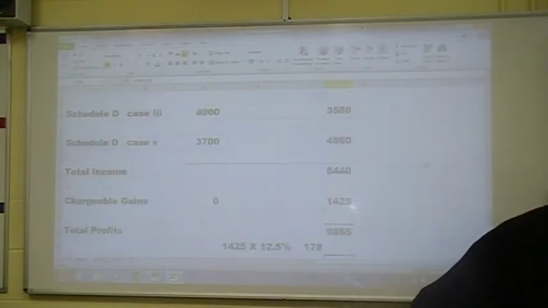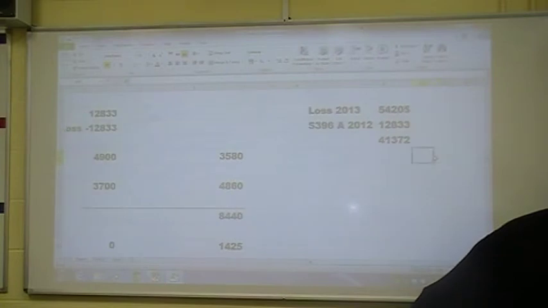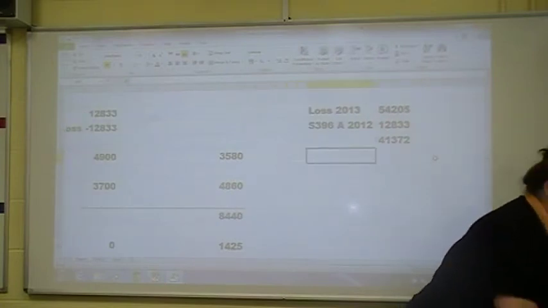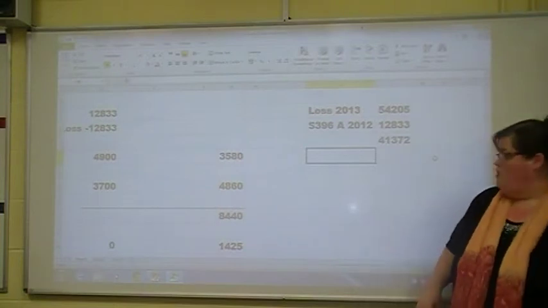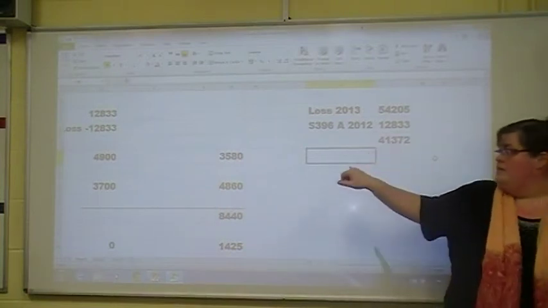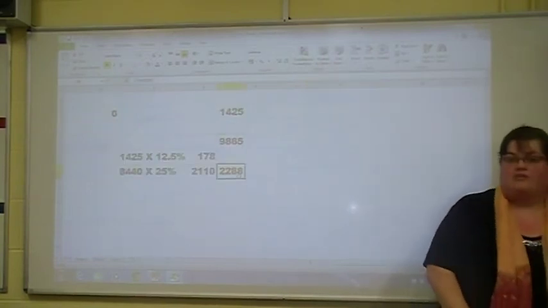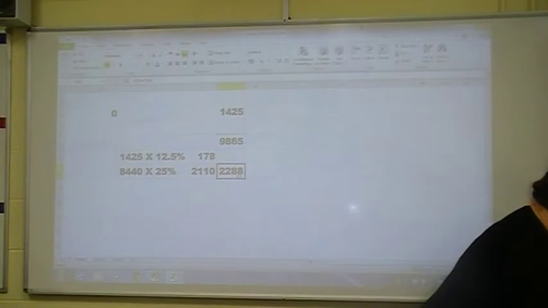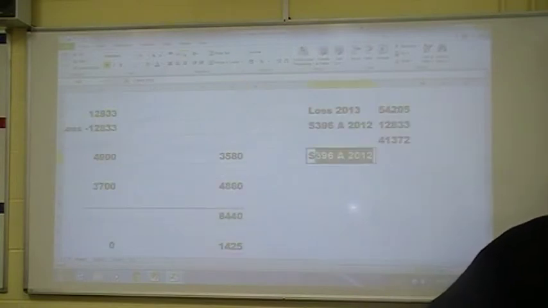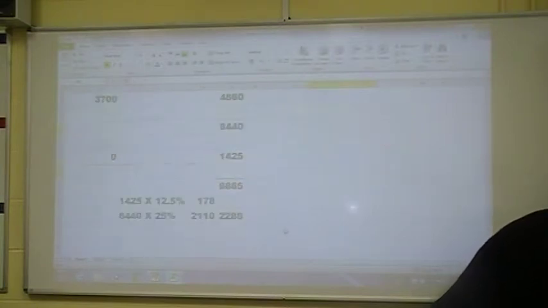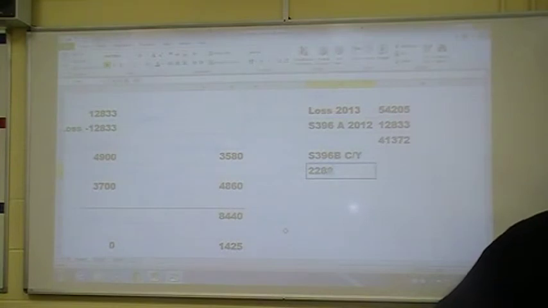Okay, so I go up to my last memo now, and I have 41,372 worth of losses inside there. I'm going to see now how much of that loss I need to get rid of €2,288 worth of corporation tax. So that's your section 396B, current year. So how much is it again? 2,288 divided by 0.125.